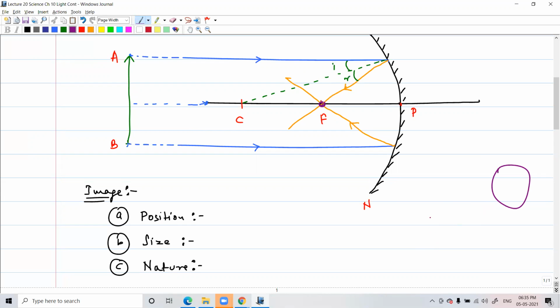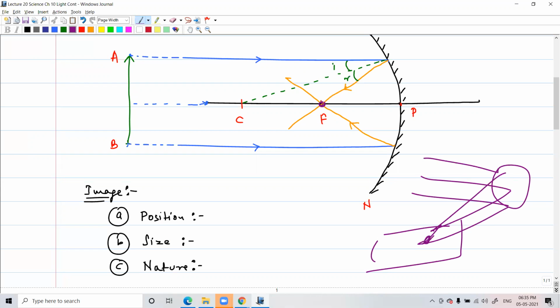If you take a piece of paper and focus all the light of the sun, everything will go and meet at the focus, because all the light from the sun is coming parallel because it's very, very far away. Everyone knows that, right? Sun is very far away, so all the light from the sun is parallel. Parallel light, if aligned with the principal axis, will always meet at the focus.